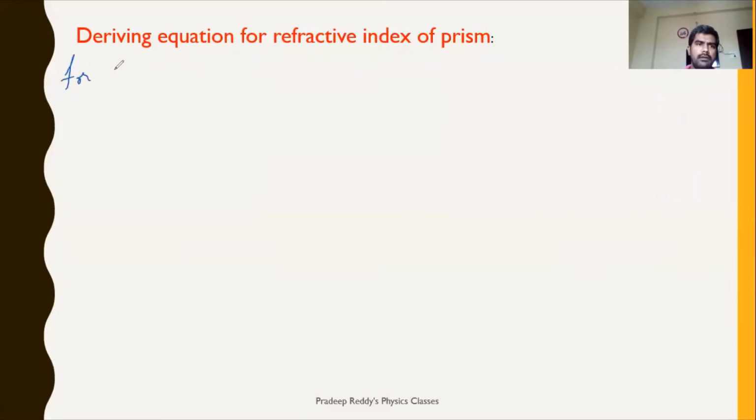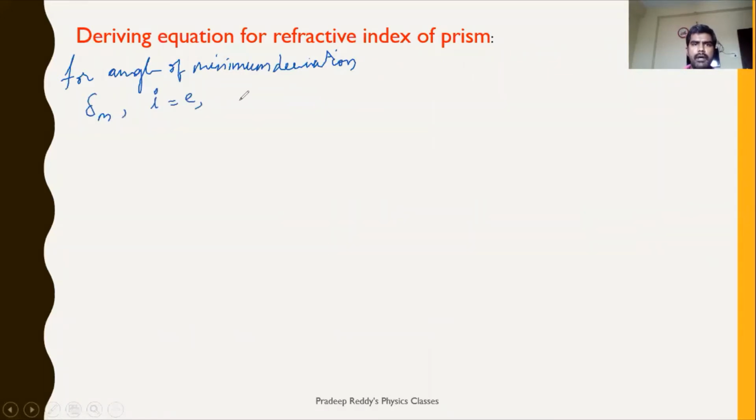For angle of minimum deviation, remember that delta minimum, i will be equal to e, r1 will be equal to r2, and that is equal to r. And this conclusion we have even used in the derivation also. And we have got the refractive index of the prism.